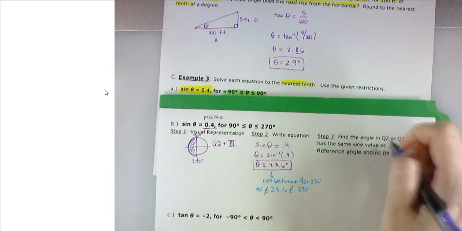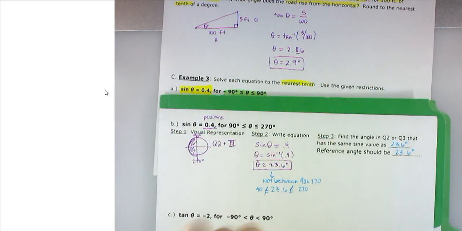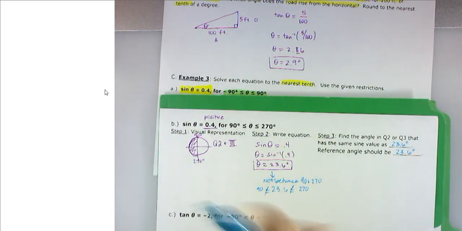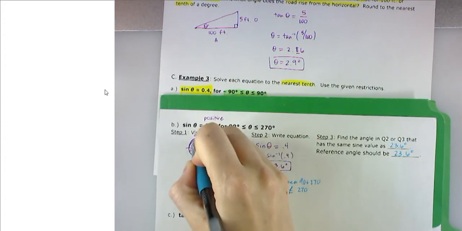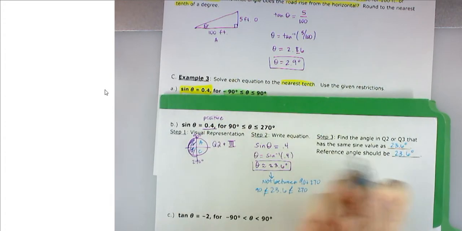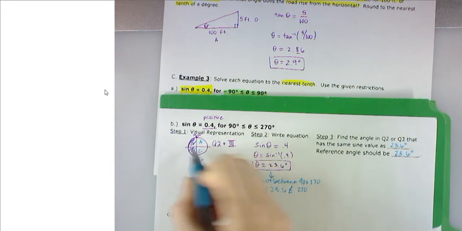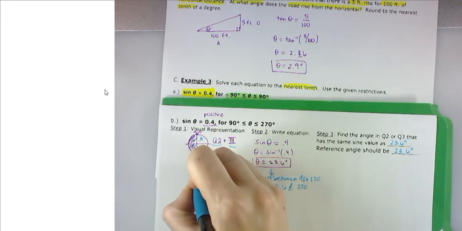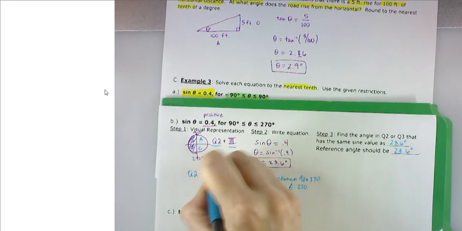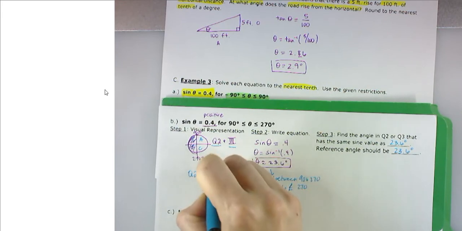Am I going to be in quadrant 2 or am I going to be in quadrant 3? So we'll go to All Students Take Calculus. In which one of these, 2 or 3, is the sine positive? Quadrant 2. So this has to be in quadrant 2 because the sine is positive. And in quadrant 3, it would be negative.